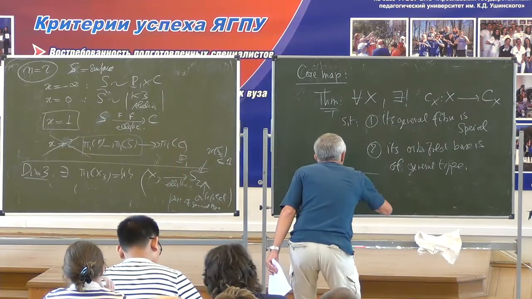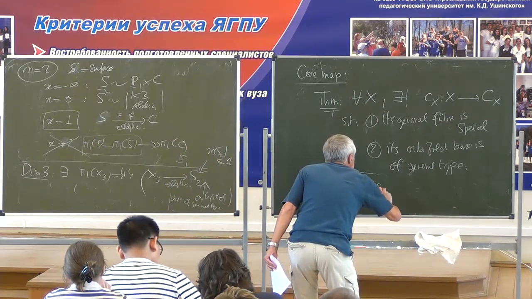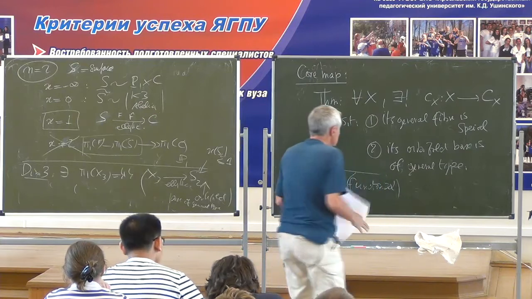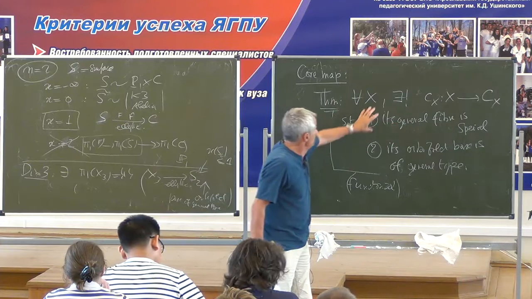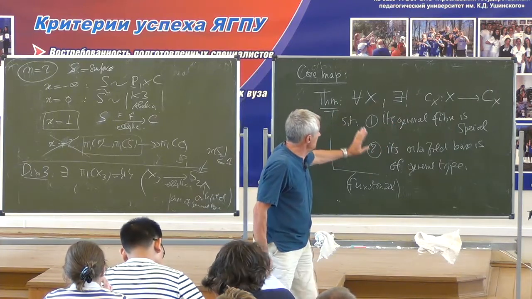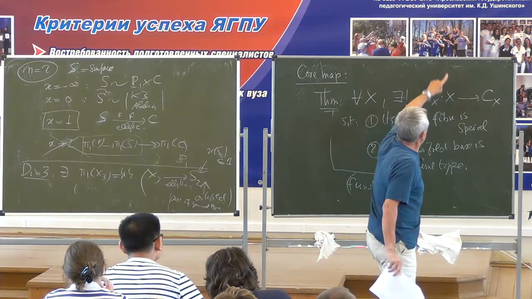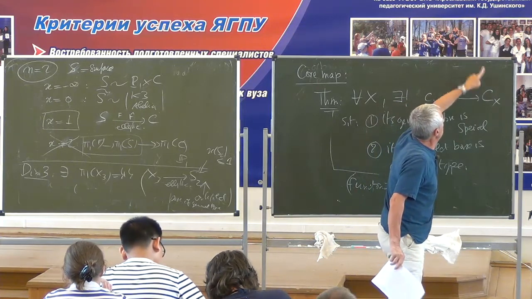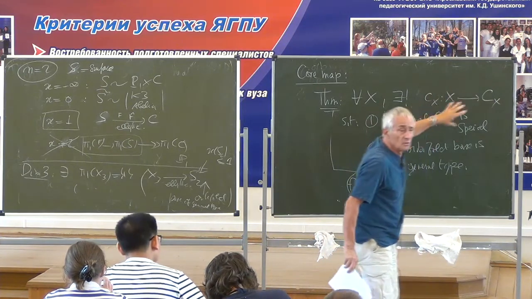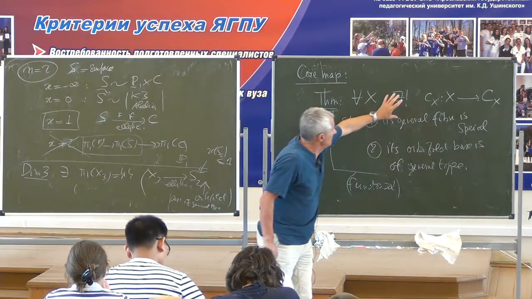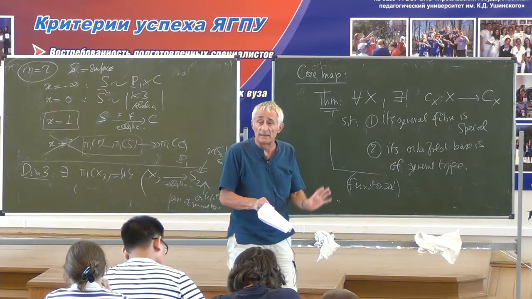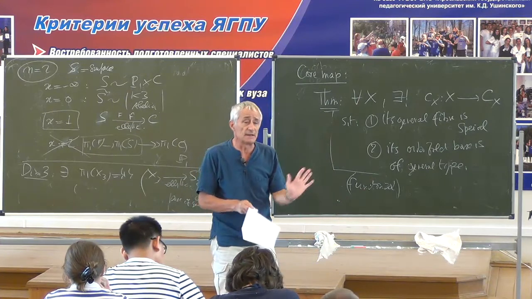This is functorial in the following sense. If you have a surjective map here, then this induces also a map between the cores here. So this gives a splitting of any X between special fibers and general type.